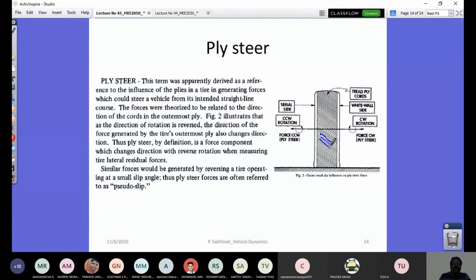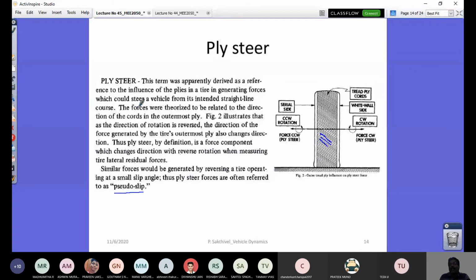The term was apparently derived from the influence of plies in the tire in generating forces which could steer a vehicle from its intended straight line course.